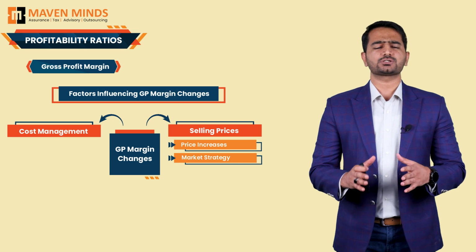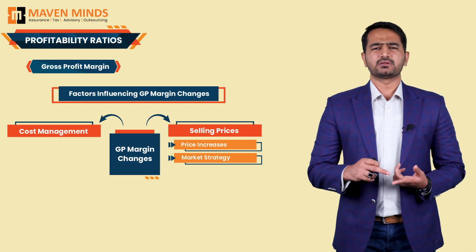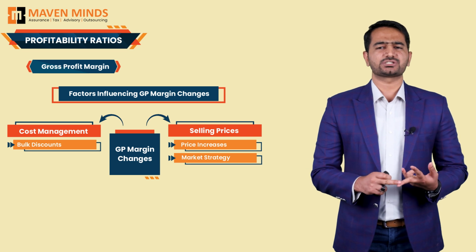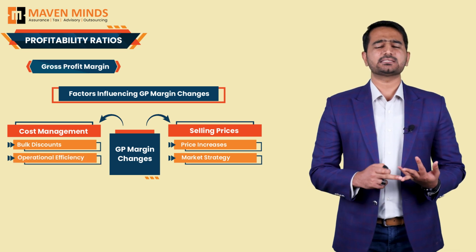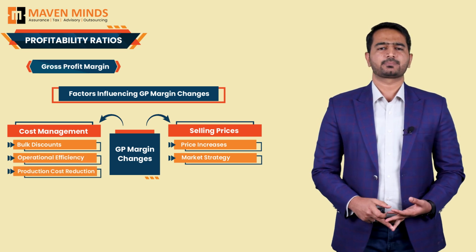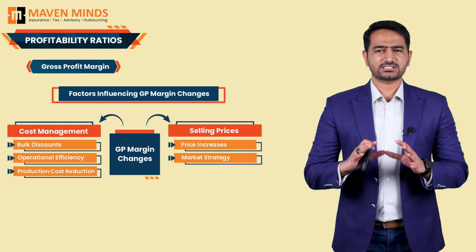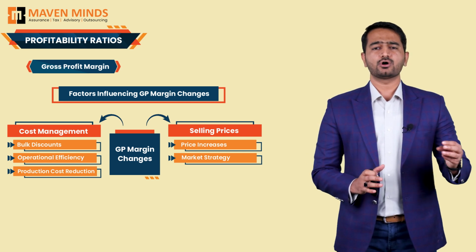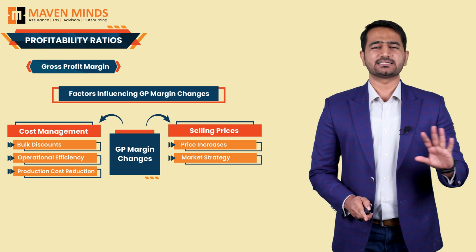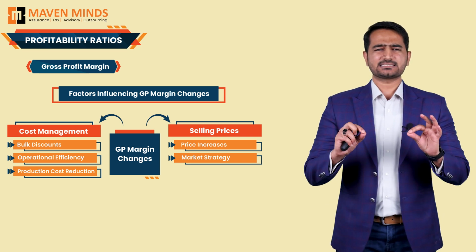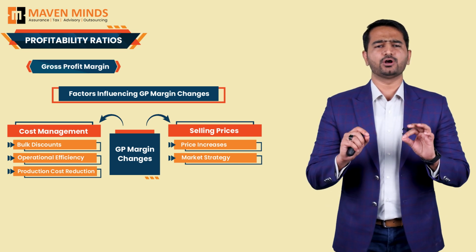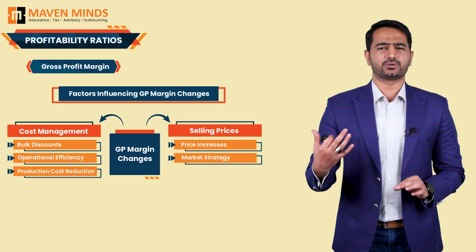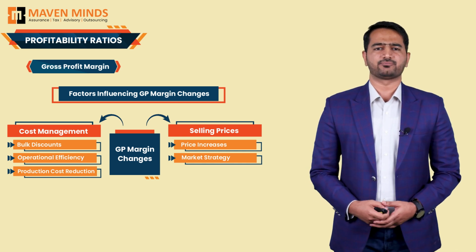Possible reasons for cost reduction might include receiving bulk discounts from suppliers, reducing operational cost, or decreasing the production cost per item. Therefore, discussion around GP margin should focus on changes in selling price or cost management rather than sales volume. This is a critical concept and I want you to remember this when analyzing GP margin changes in your exams or in your real life.